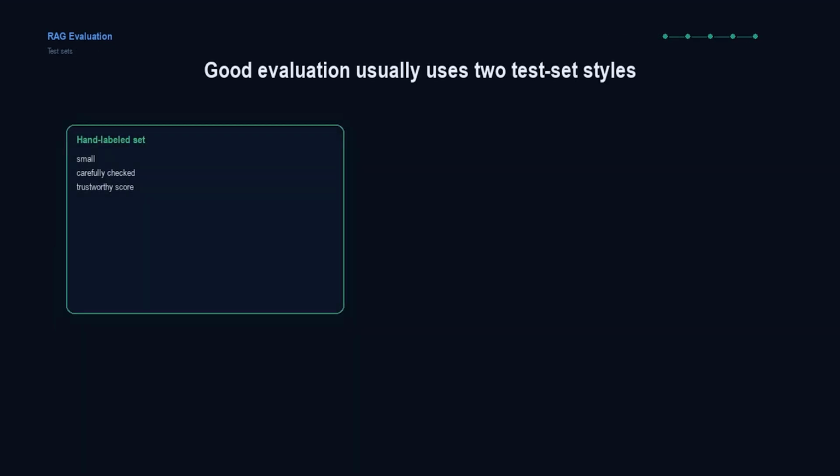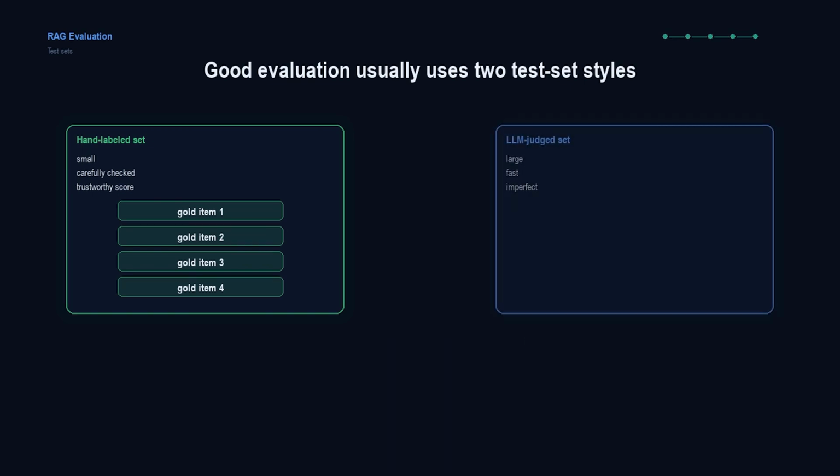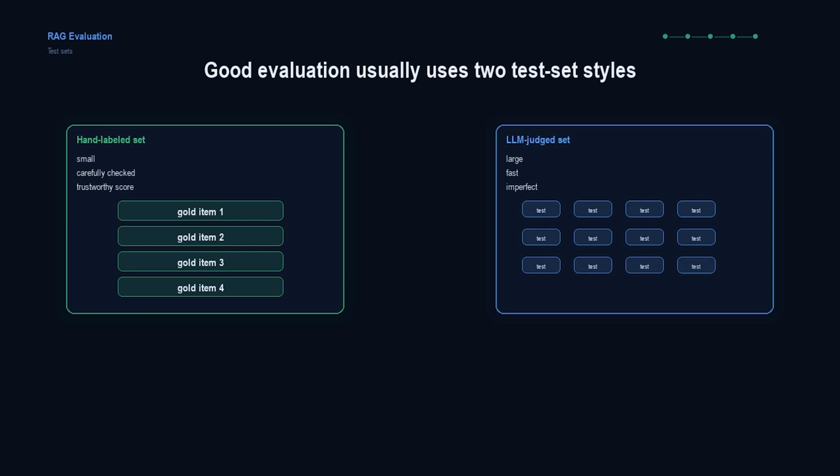There's also a trade off in how you build your test set. Hand labeled ground truth is the gold standard. It's accurate, but it's slow and expensive to build at scale. Using an LLM to generate synthetic questions and judge answers is much faster and cheaper, but it inherits whatever blind spots that LLM has.